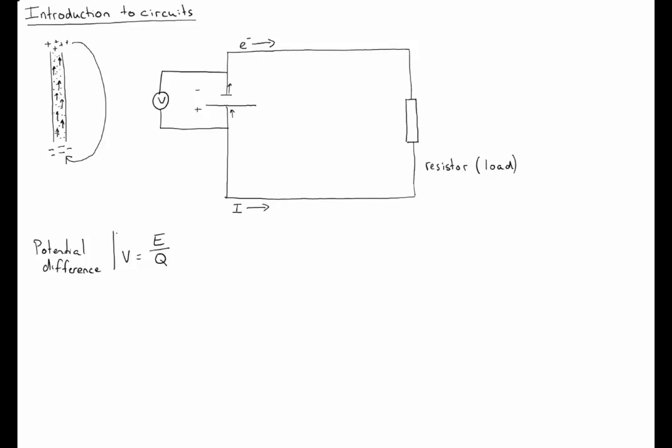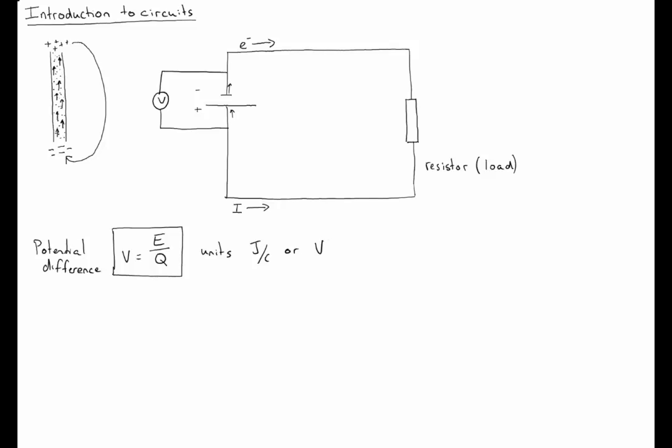And it's just really important to keep that definition in mind, that the potential difference across a battery, or as we'll see later across a resistor, is the amount of energy per unit charge, per coulomb. Of course, its units, we've seen this before, are joules per coulomb or volts.